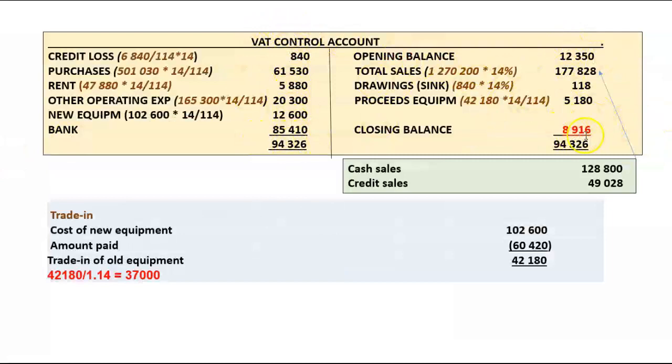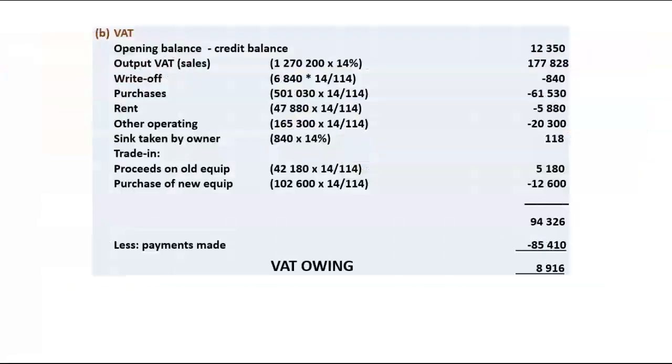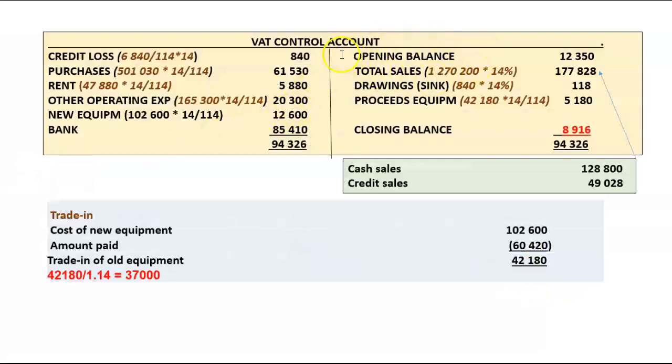It's going to be a debit balance, so SARS is actually owing us the VAT of 8,916. You could have done your VAT account by pluses and minuses like this as well. You would have derived the same 8,916, but guys, I would strongly recommend a T account because I think it reduces the number of mistakes that you can make.